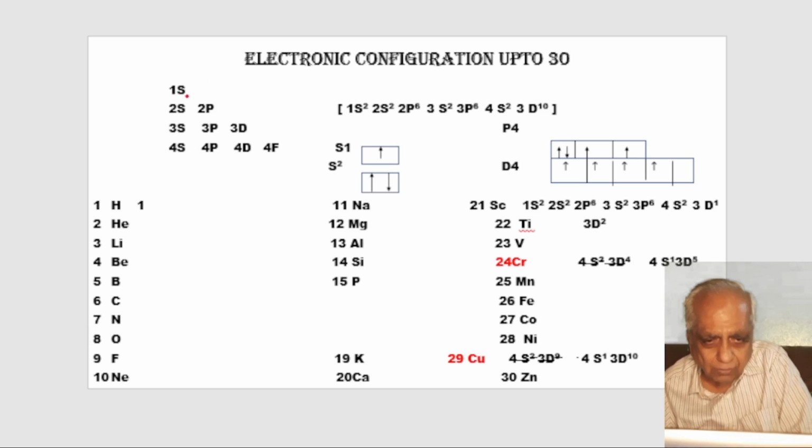So first orbit will get filled up. So in first orbit, how many can it have? 2. So we write in this manner 1s2.